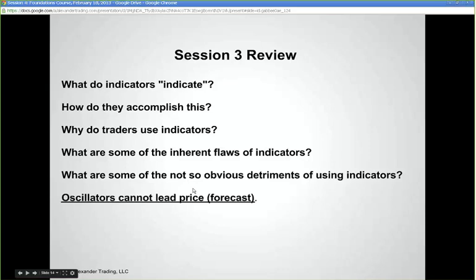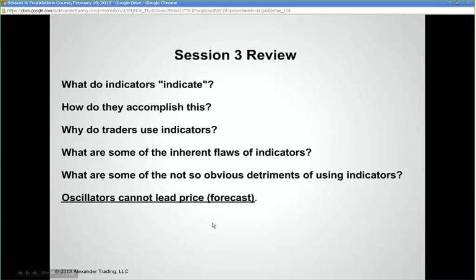Some of the inherent flaws of indicators include that it takes your focus off of paying attention to what you should be paying attention to, because indicators, oscillators cannot lead price. They cannot forecast moves.